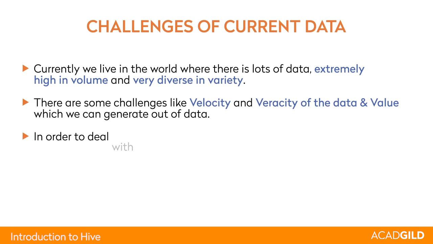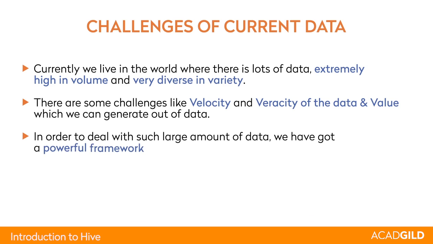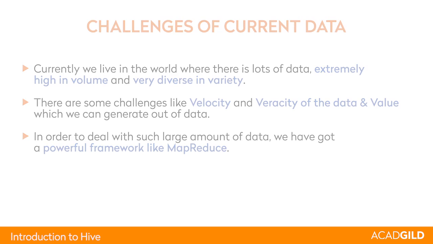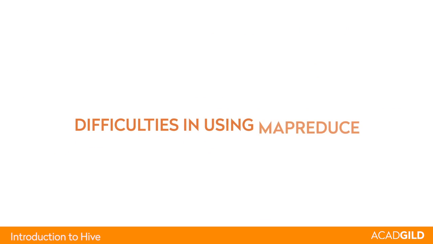In order to deal with that large amount of data, we have a very powerful framework in the form of MapReduce. But MapReduce has its own set of difficulties. It's very robust and has become very mature.